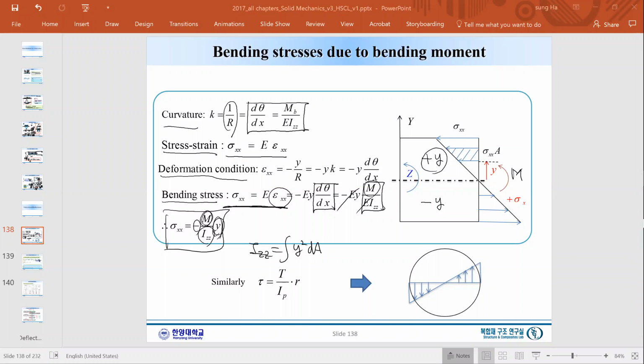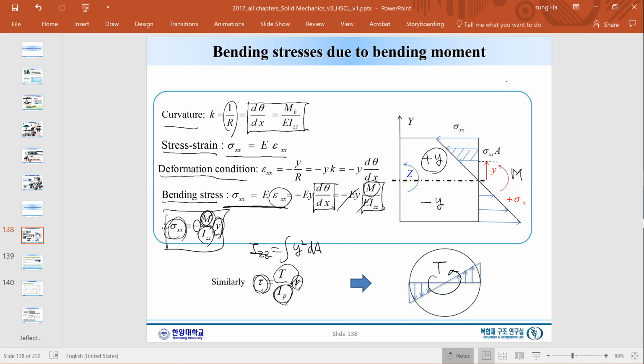Here I want to emphasize, as you probably have noticed, that this is similar to the shear stress in a shaft under torsion, and this shear stress is simply calculated as T, the torque applied to the cross section, divided by Ip, the polar moment of inertia, and proportional to R. It is like a force divided by a cross-sectional property and proportional to R. The sigma xx in bending is very similar.